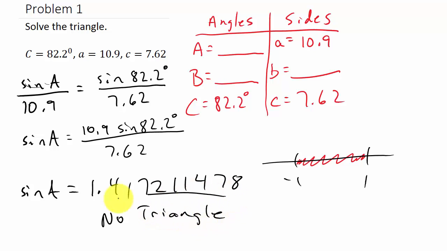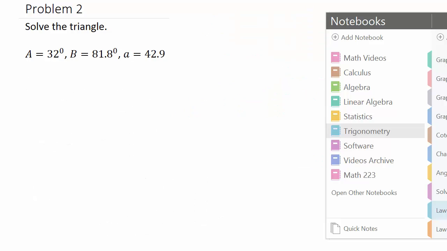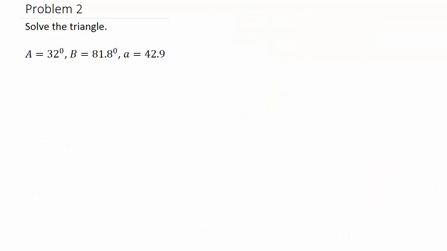Alright, I think I'm going to work one more problem in this part before we go to the next part. Here's another one. Let's solve this triangle. They give us angle A, angle B, and side A. Once again, I'm going to make a table with angles and sides.